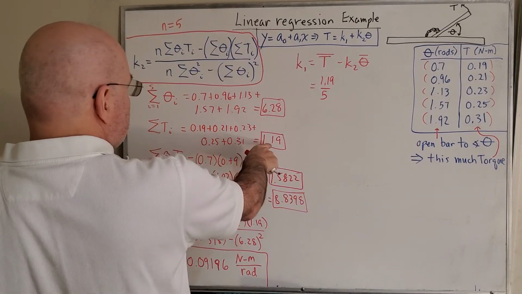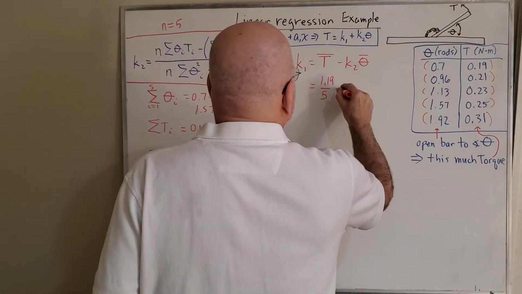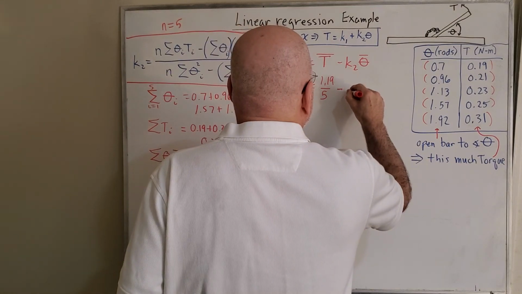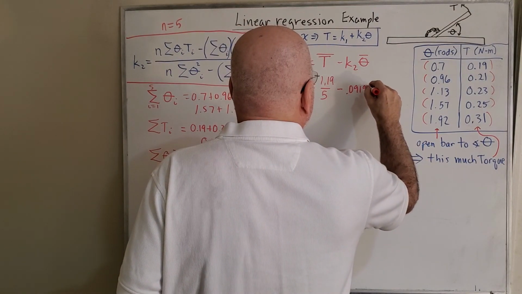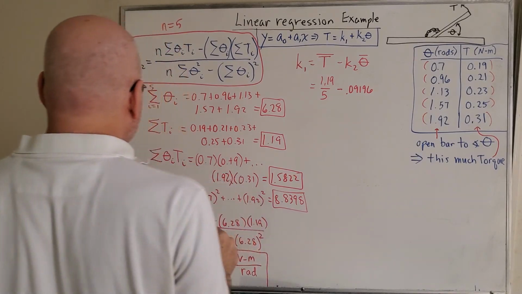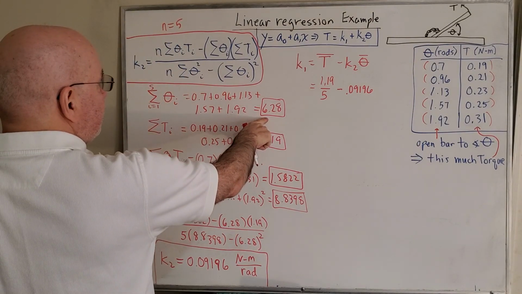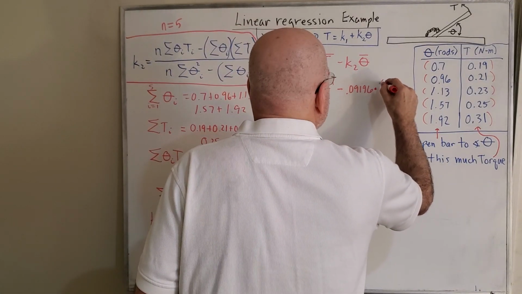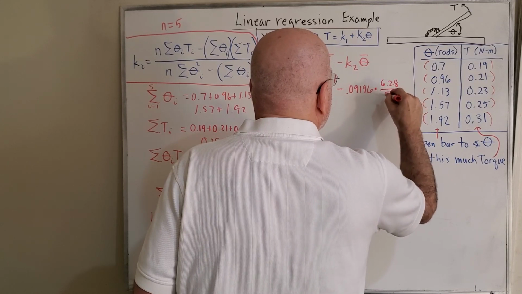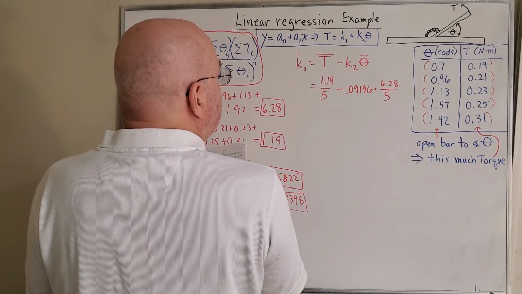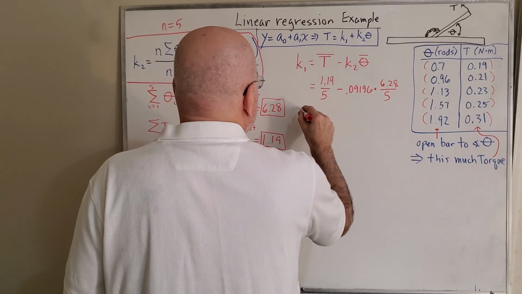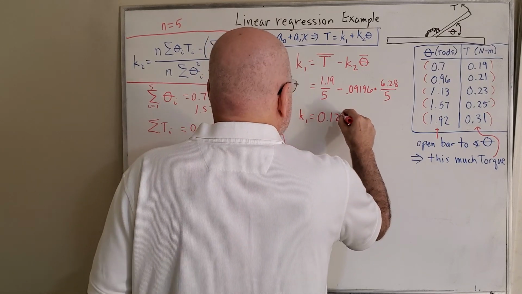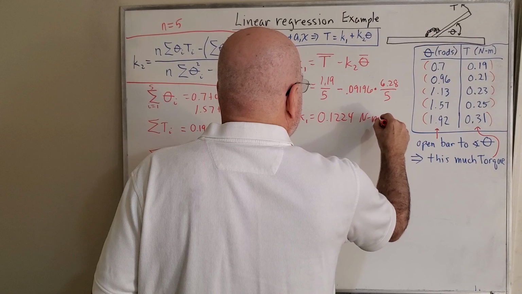The sum of the T's was 1.19, minus K2, 0.09196, times theta bar would be the sum of the thetas divided by 5. 6.28 over 5. And that gives us, if we plug that in, we get K1 equals 0.1224 Newton meters.